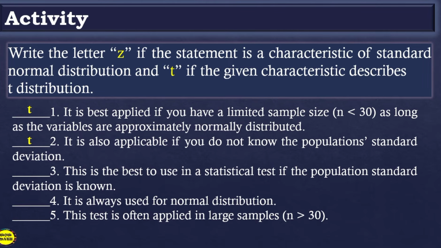Number 3, since the population standard deviation is known, we're going to use the normal distribution. How about number 4? Normal distribution also, the standard normal distribution. And number 5, since our n is greater than 30, normal distribution then.